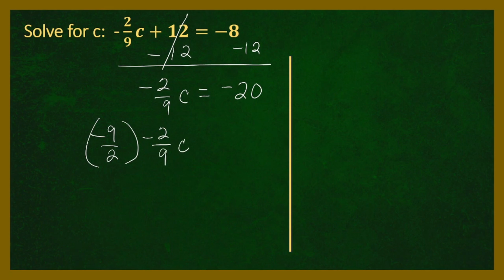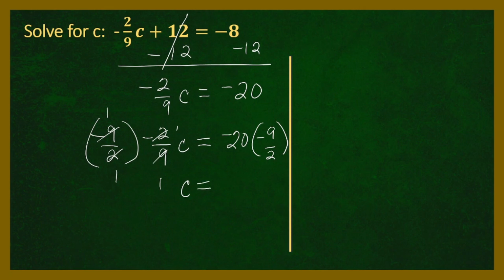Now once again, we must keep our equation balanced, so we're going to multiply the right side of our equation by a negative 9/2 as well. When we multiply negative 9/2 times a negative 2/9, we see our coefficient becomes 1. So we bring down our variable c.